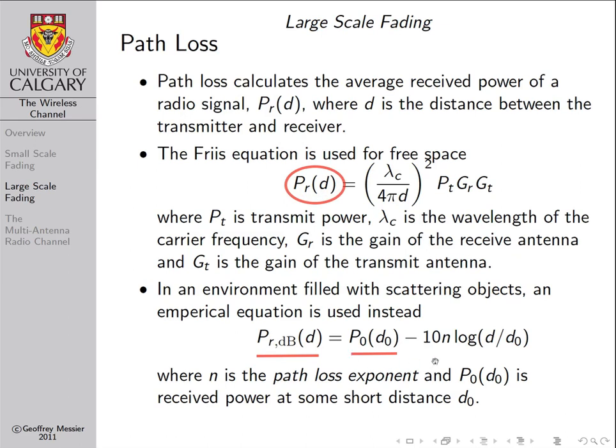And once you have that, you see we've got a second factor down here, which is the log of the ratio of the actual separation between the transmitter and the receiver, D, divided by D naught, multiplied by 10 times n, where n is something called the path loss exponent. And to understand the path loss exponent, we need to go back to the log-log experimental plots of attenuation versus distance.